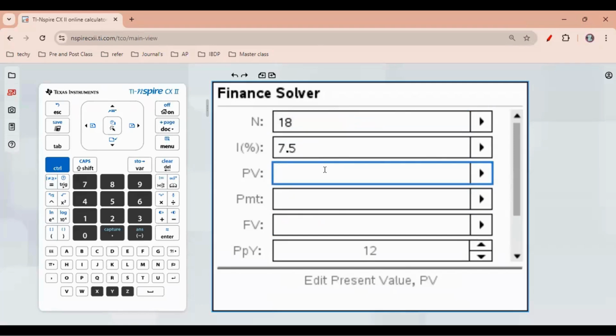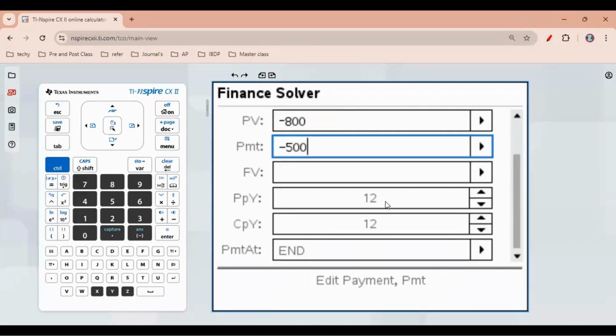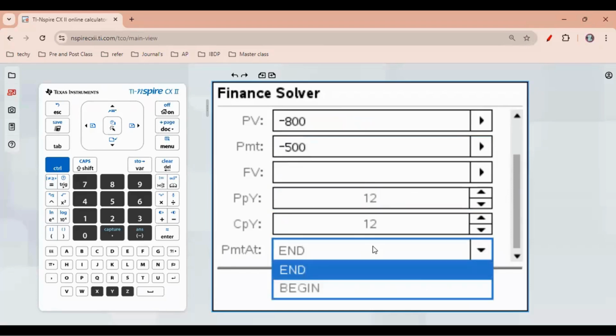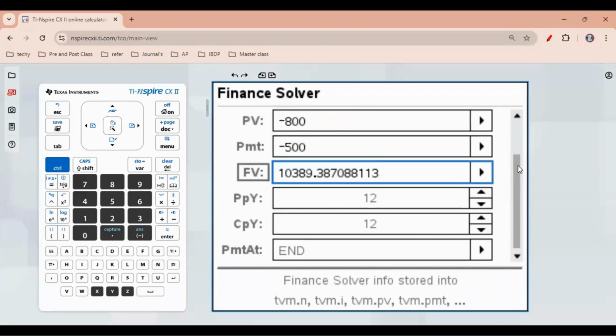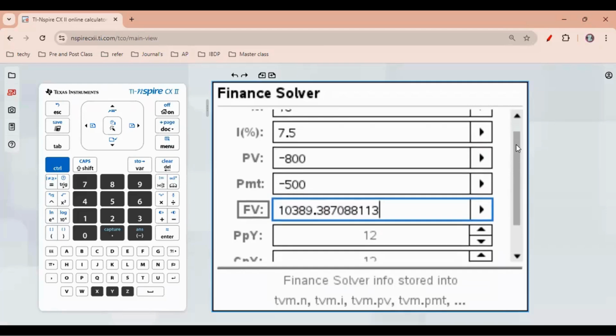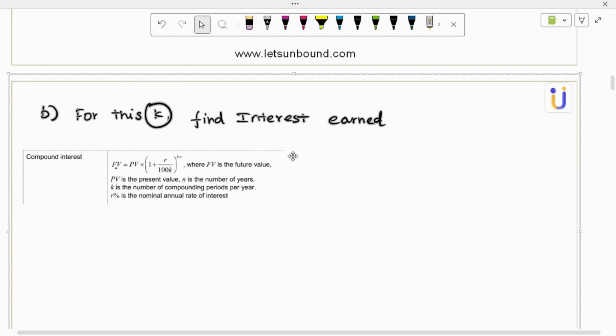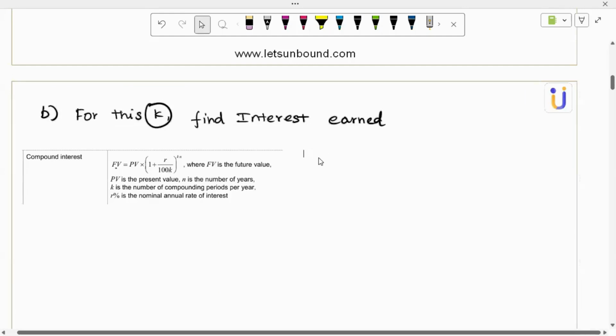And 7.5, present value minus 800 and payment minus 500. Future value we have to calculate for this n. And the same 12, 12, everything. So I go to future value and click enter. This is what we got, the future value for this number of months. Got it? Now we can go back to the solution page and interpret this. Either you can use the formula and normal calculation, but this is the smart thing to do, right?